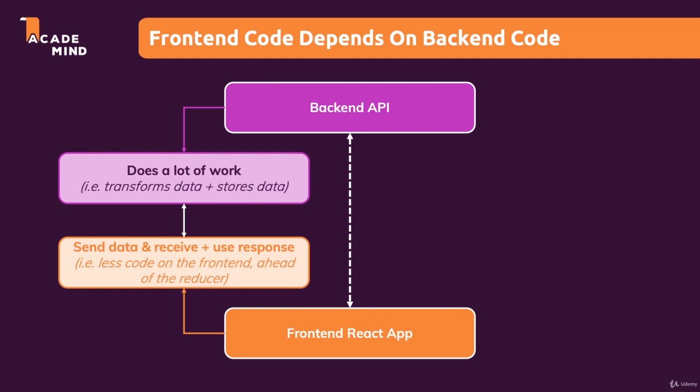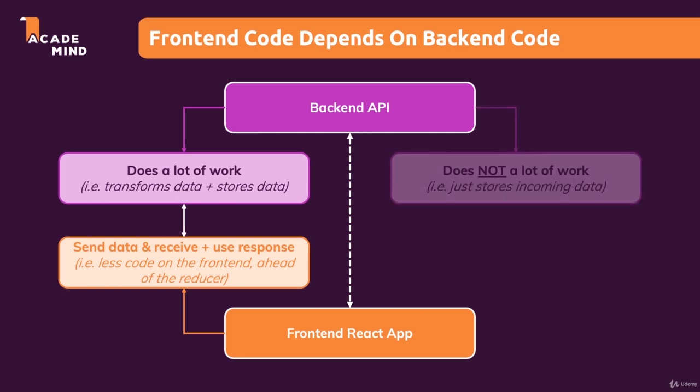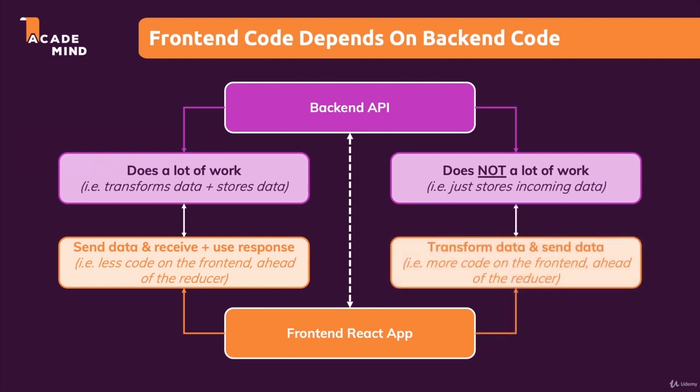But that's not the scenario we have here for the reasons mentioned a couple of seconds ago. Instead, here we have a backend that does not do a lot of work. It basically just stores incoming data in the format it receives it in. And that means that we do need to do more work on the front end. There, we don't just need to store data in the Redux store, we also need to prepare that data.